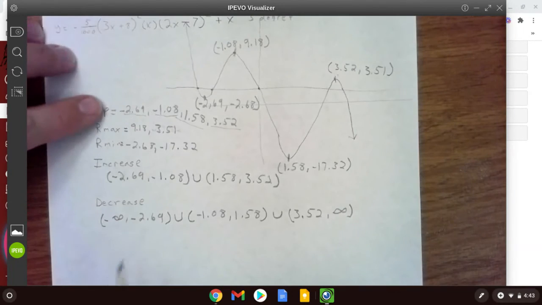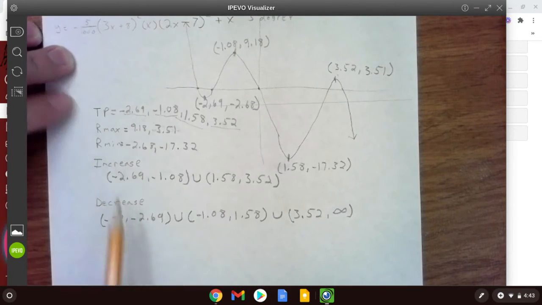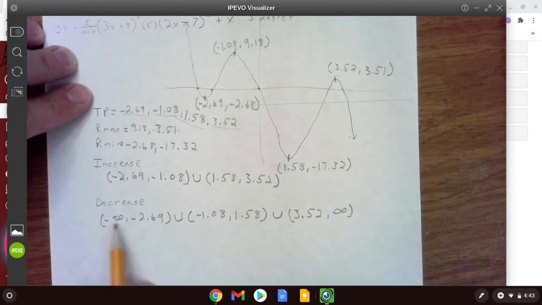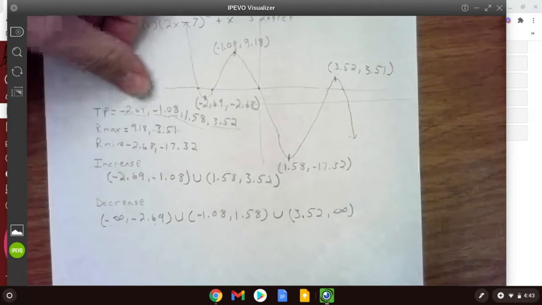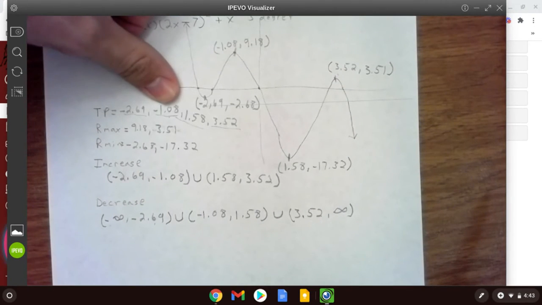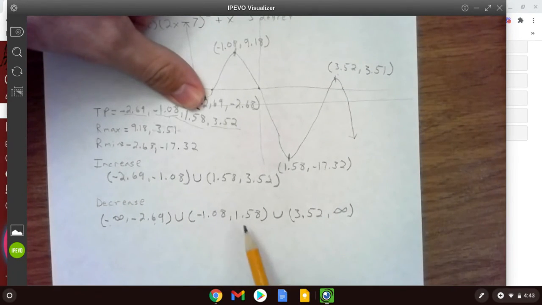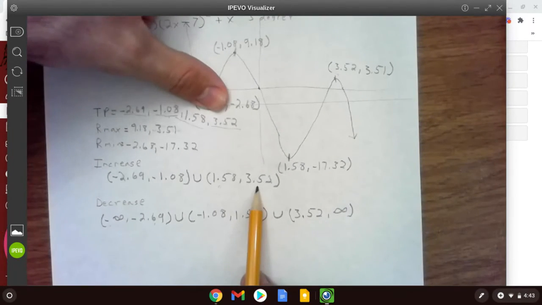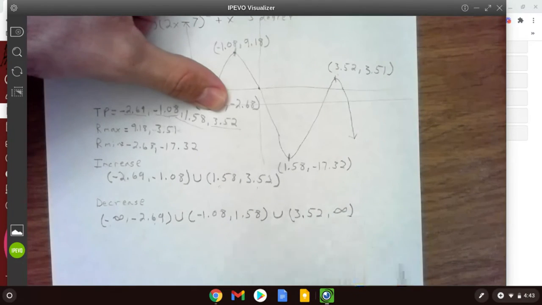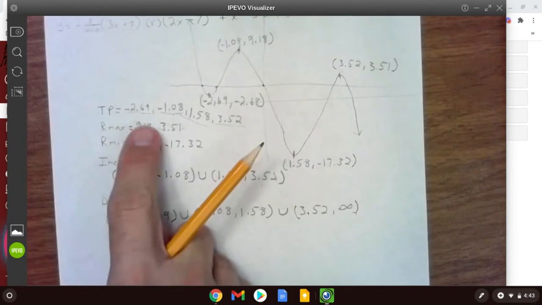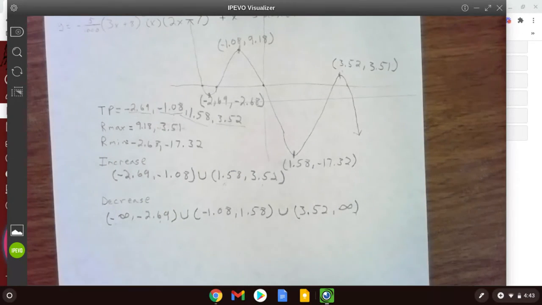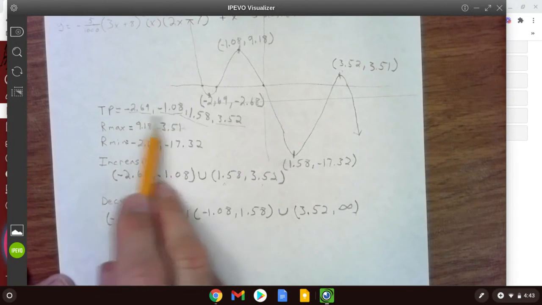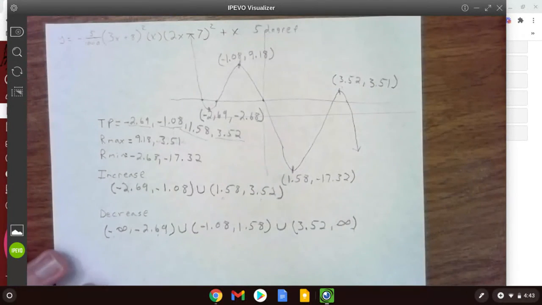Notice it decreases from negative infinity to that value, and then it increases from this one to this one, and then it decreases from negative 1.08 to positive 1.58, and then it increases from 1.58 to this one, and then it decreases from that one on to infinity. That's why I like putting the turning points in numerical order. That way I can see how it all works. Between pieces is where it increases or decreases.